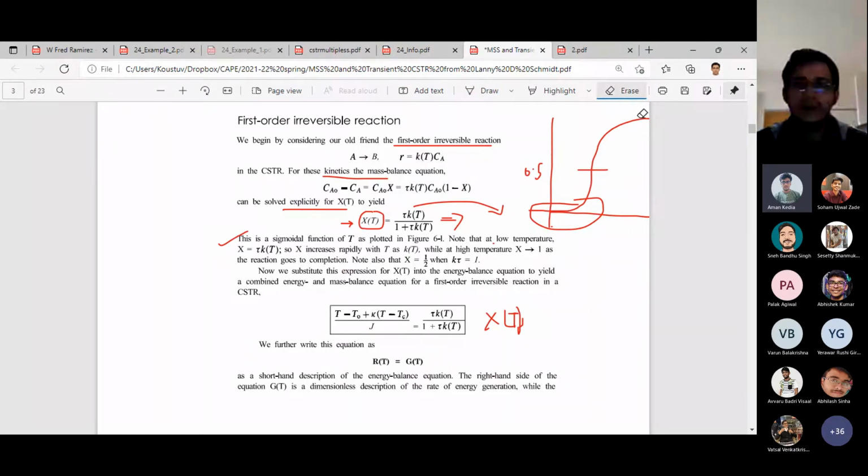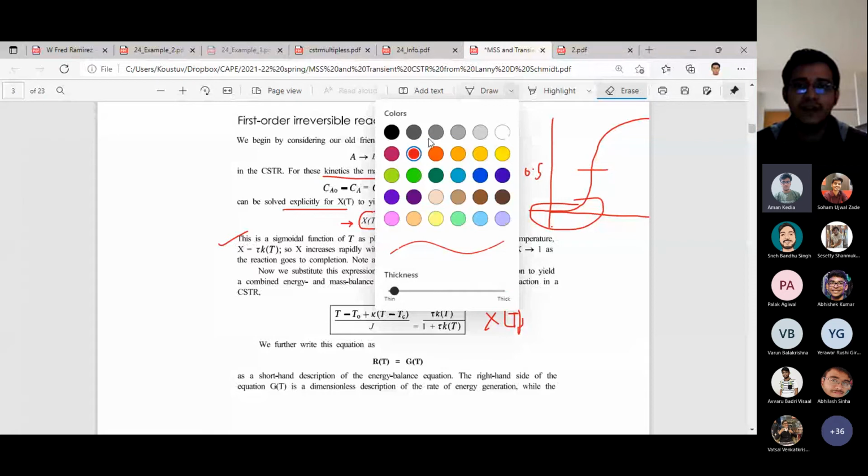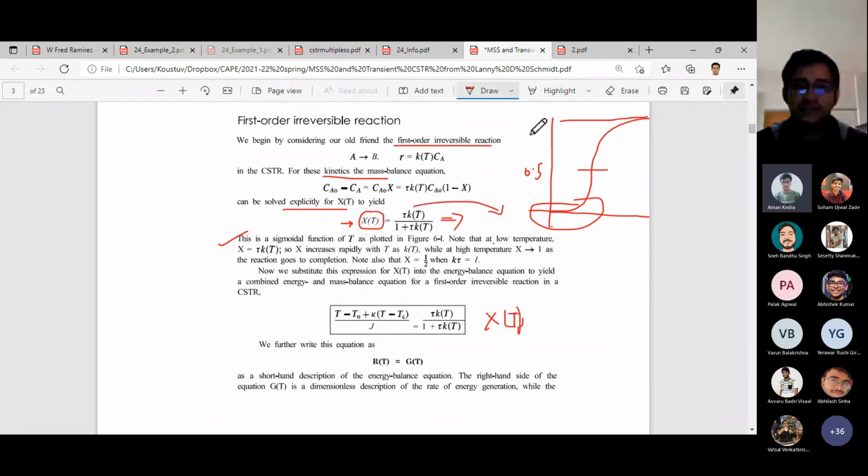And this will be 1. At high enough temperature, this will be 1, because then the 1 in the denominator will be omitted. So k tau and k tau, so it will be 1. So this is a sigmoidal curve.